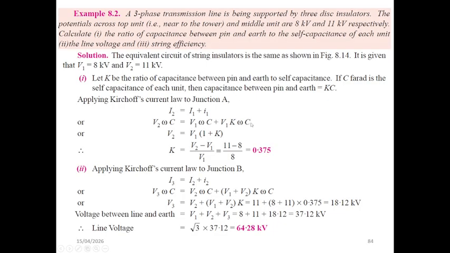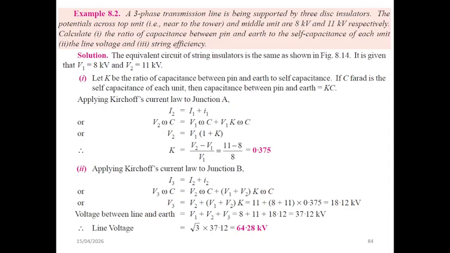We already talked about the Kc: K is the ratio of shunt capacitance to self-capacitance. The given voltages across the first two units are V1 equal to 8 kilovolt and V2 equal to 11 kilovolt according to the question.